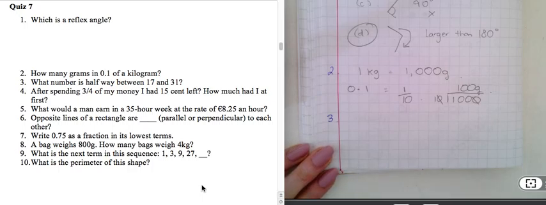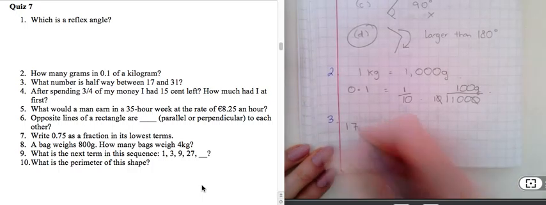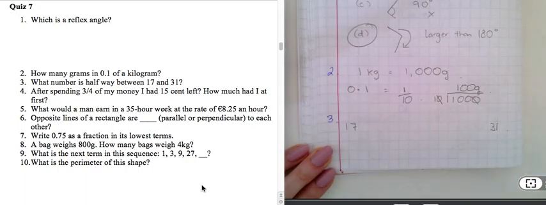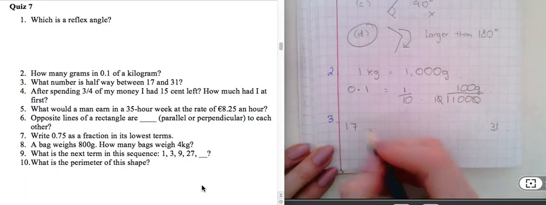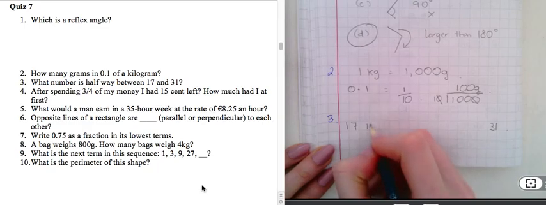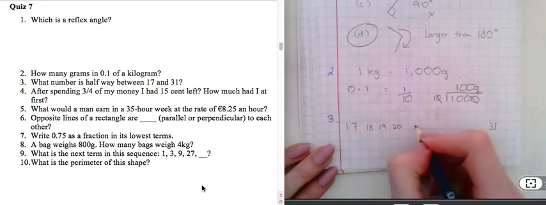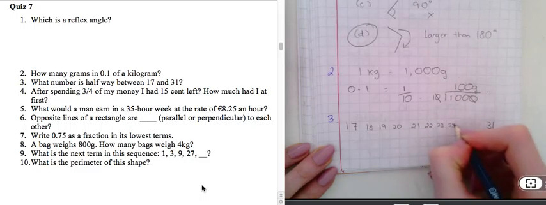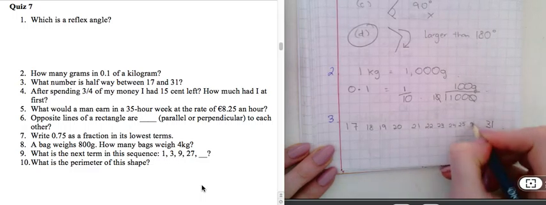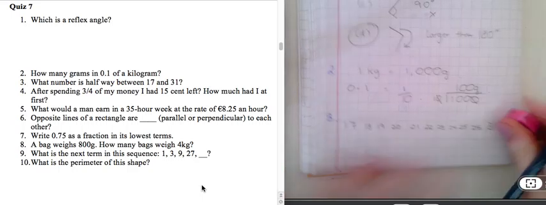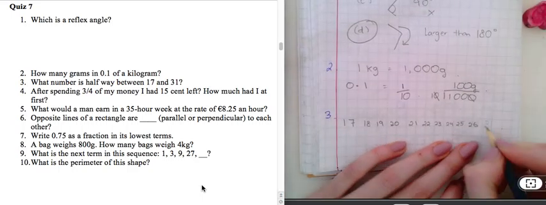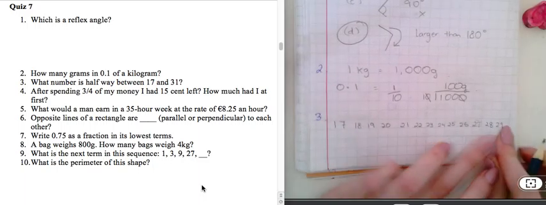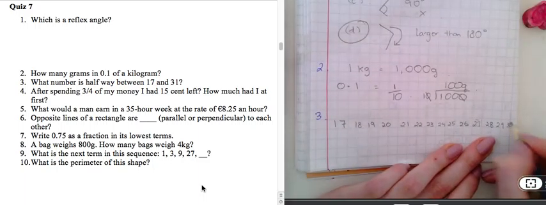What number is halfway between 17 and 31? So we're looking for a number that's halfway between the two. Now, a simple way of doing this would be to write the numbers out. 18, 19, 20, 21, 22, 23, 24, 25, 26. 27, 28, 29, 30, 31.